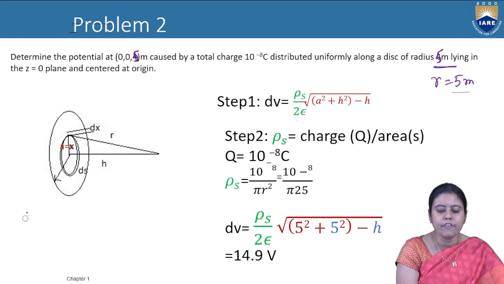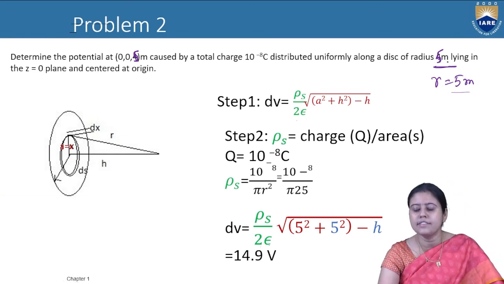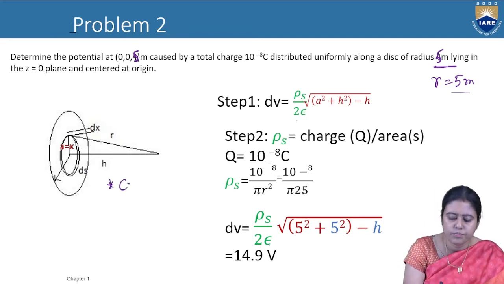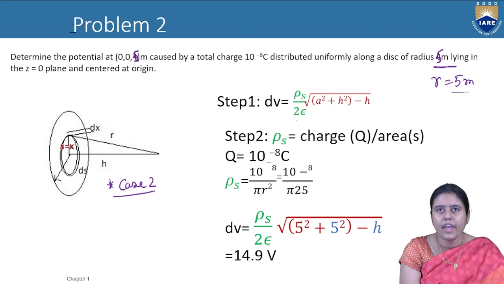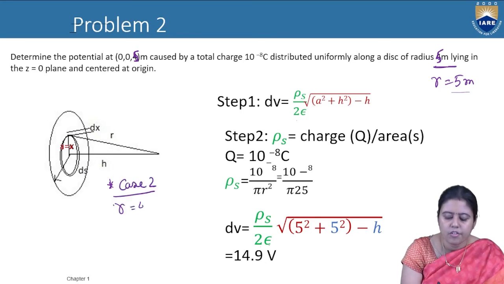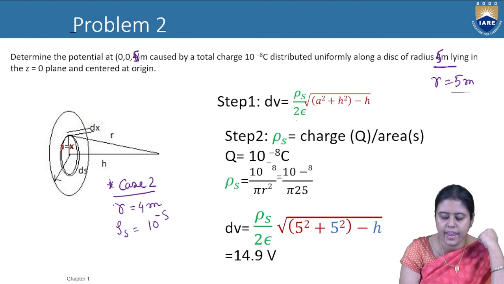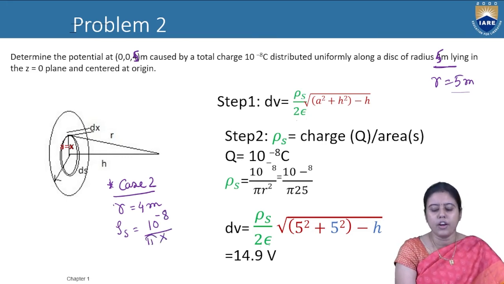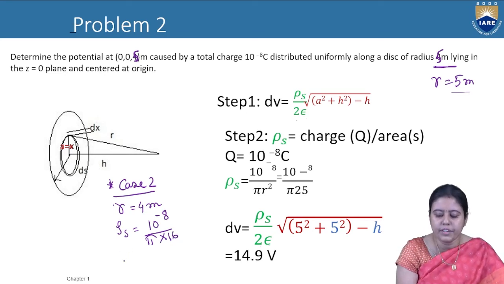If we take the previous question, if the radius is 4 meter, that is case 2, what will happen? The rho s will change as 10 to the power minus 8 divided by pi into 4 square. 4 square means 16. And what will be the value of dB then?